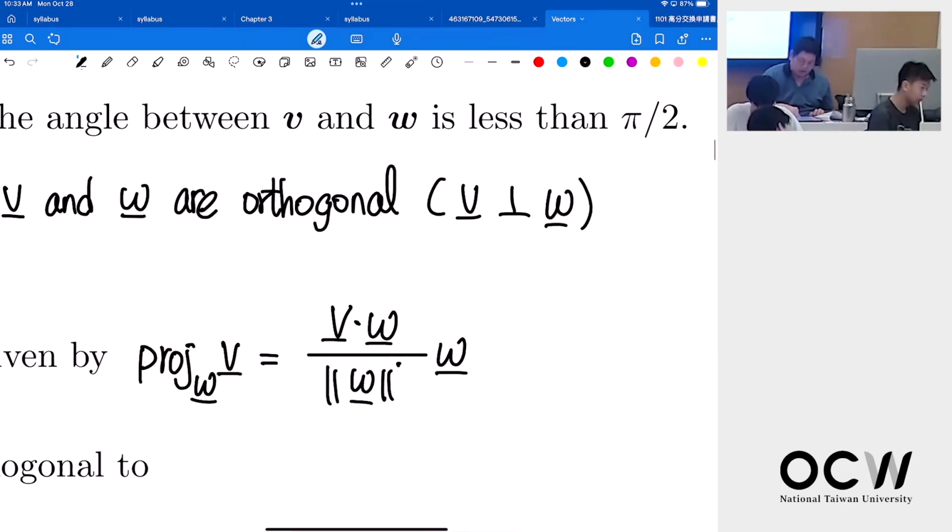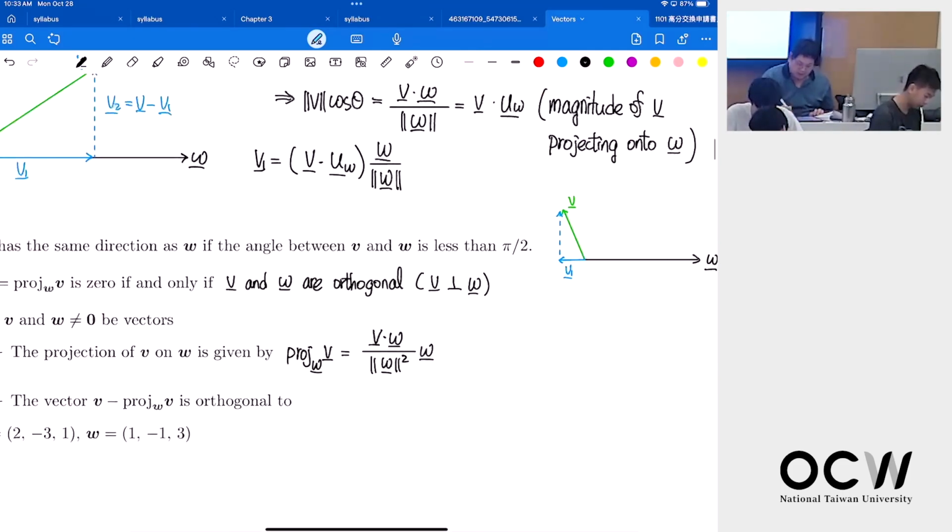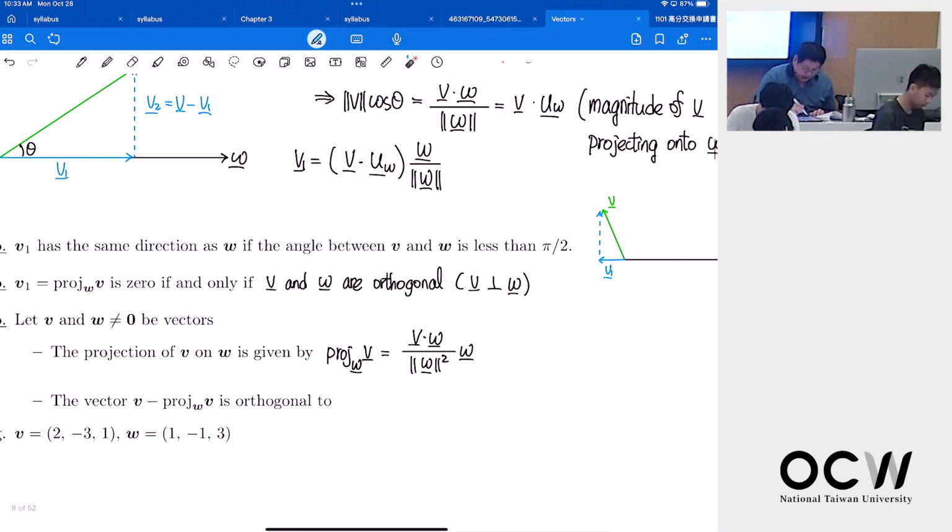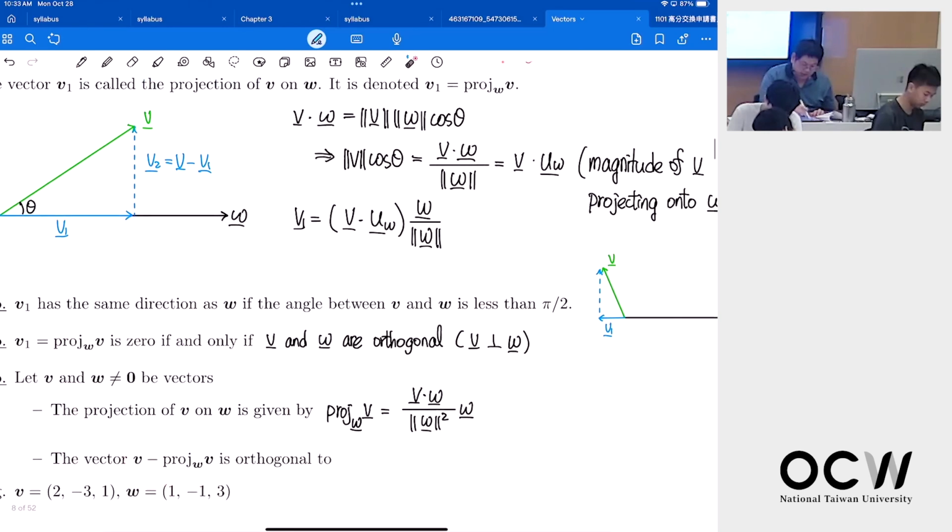The magnitude times a vector, the direction. And the vector v minus this projection will be v2.